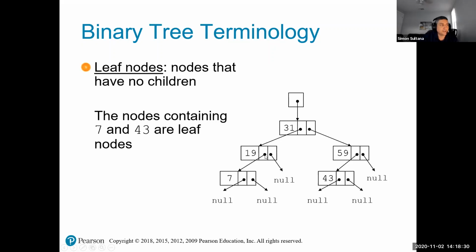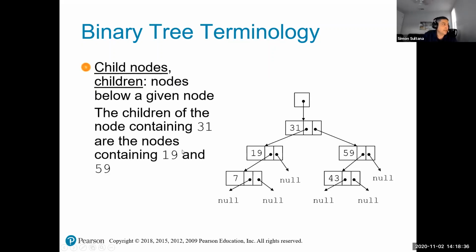Then 19's child is 7, and 59's child is 43. Those nodes that are below a particular node, we call child nodes or children. I just mentioned that the children of the node containing 31 are 19 and 59.